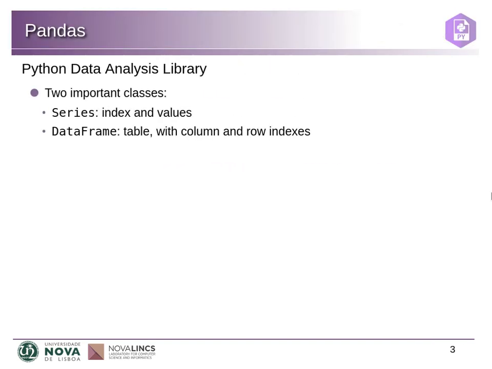So the two most important classes that we usually use in Pandas are the series and data frame. So a series, you can think of it as a column on a table. You have an ordered sequence of values, but you also have an index, which is the index of the table. This index can be anything.